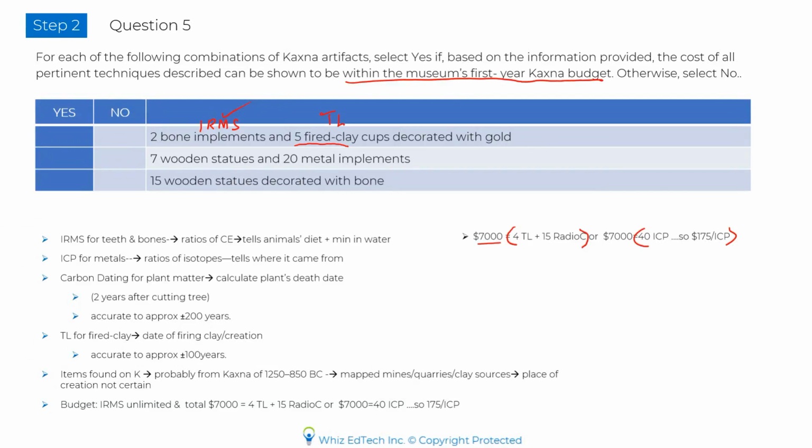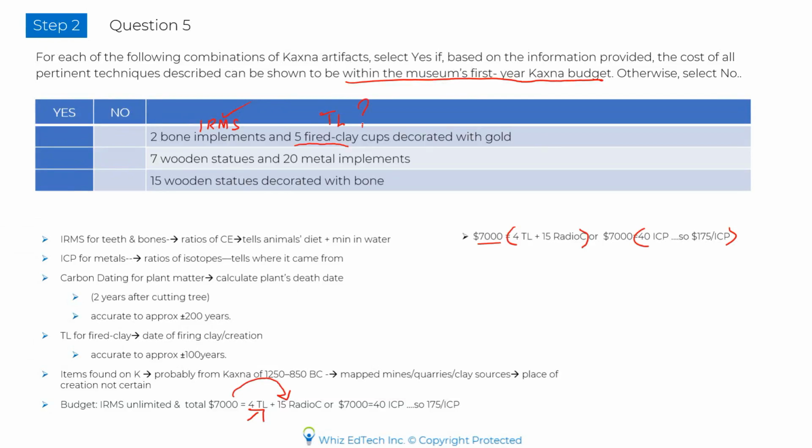Now, since we don't know the exact cost of 1 TL test, we know that 4 TL tests can cost a maximum of $7,000. But we also know that the $7,000 includes this as well. And we don't know what the cost of 1 TL is.